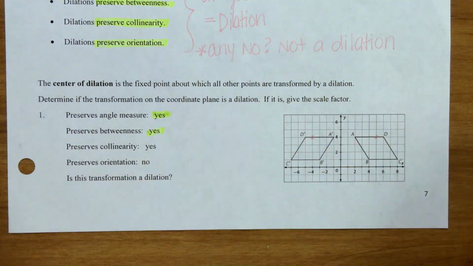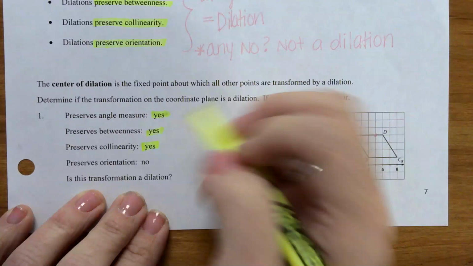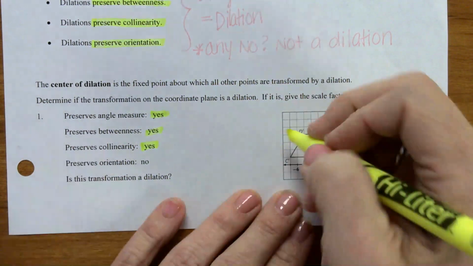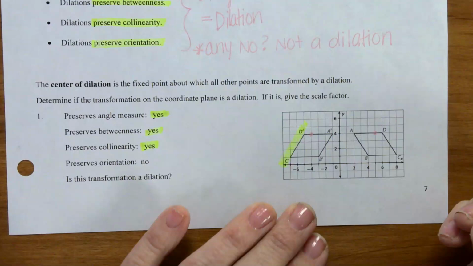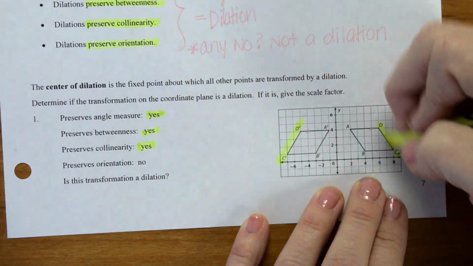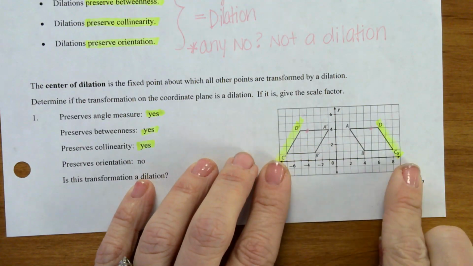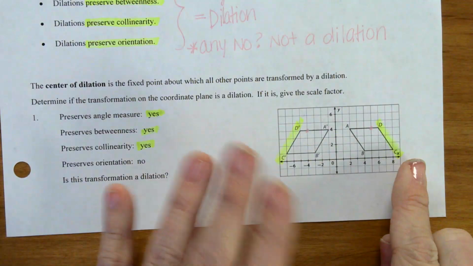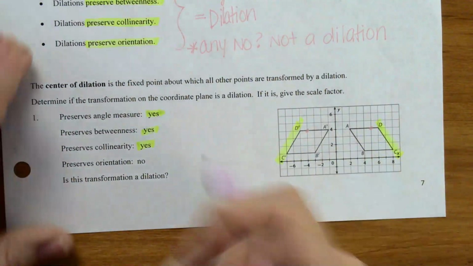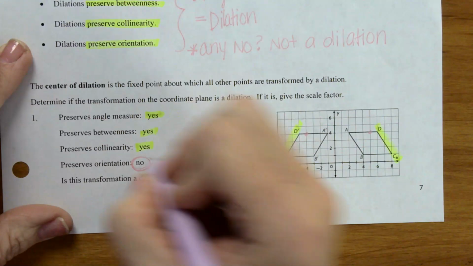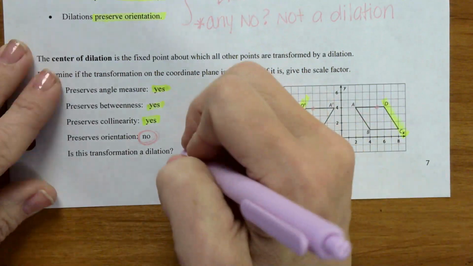Okay, collinearity, yes. But look at it. On this side I have C prime, D prime, but over here I have C and D. Do you see how they kind of flip-flopped? That is not the same orientation. So because I have one no, just takes one, it is not a dilation.